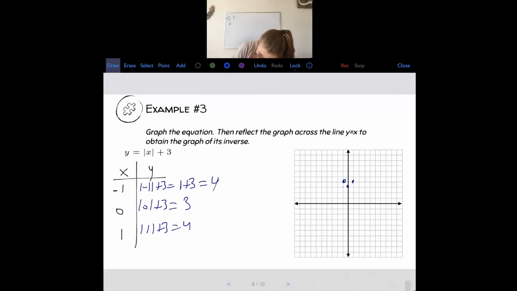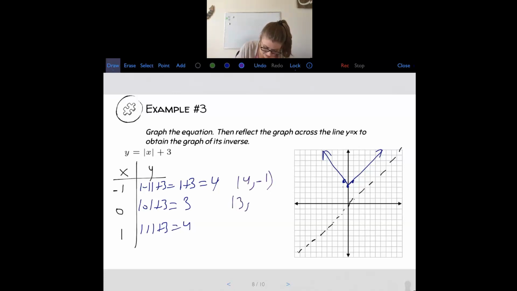Remember this is a V graph, and we're reflecting it across the line y = x. You can do it visually by folding, or you can take each x and y and interchange it. So rather than a point at (-1, 4), the inverse of this would be (4, -1).